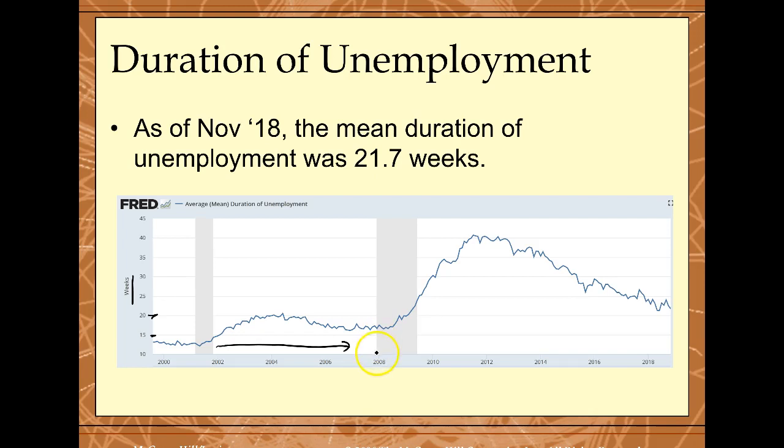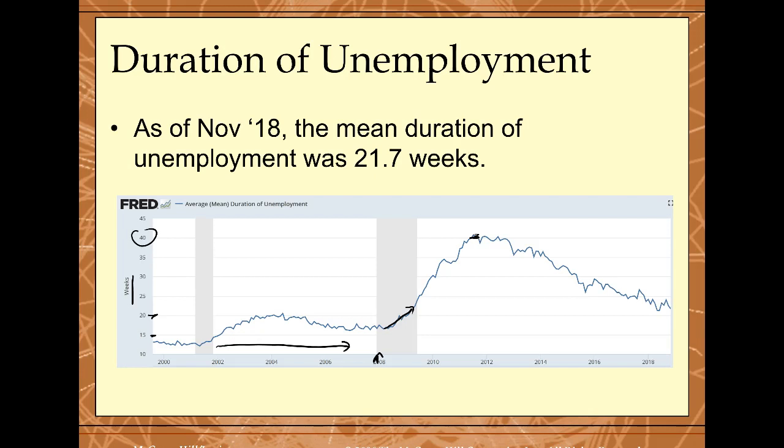But then the recession starts here, and you could see it takes people longer and longer, and then it peaks. Look at this. It took people on average 40 weeks to find work. That means some people were looking for work for more than a year.